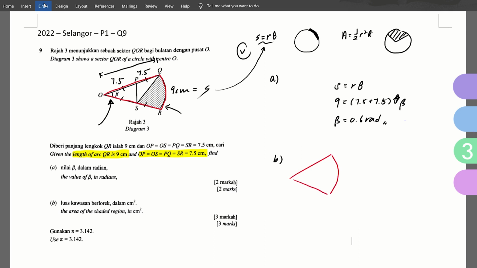Okay. Then I will minus off the unimportant parts, which is this triangle right here. So with this, we can minus off these two areas to find our shaded region.